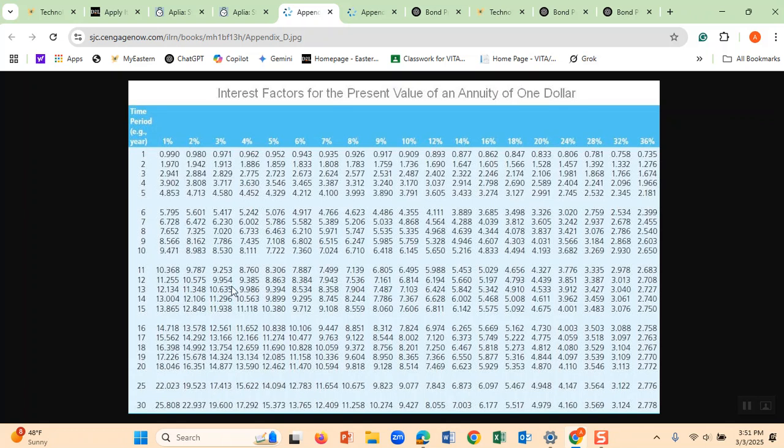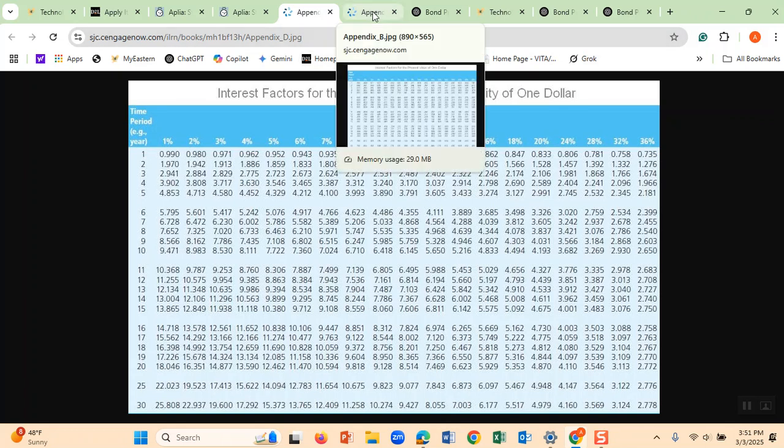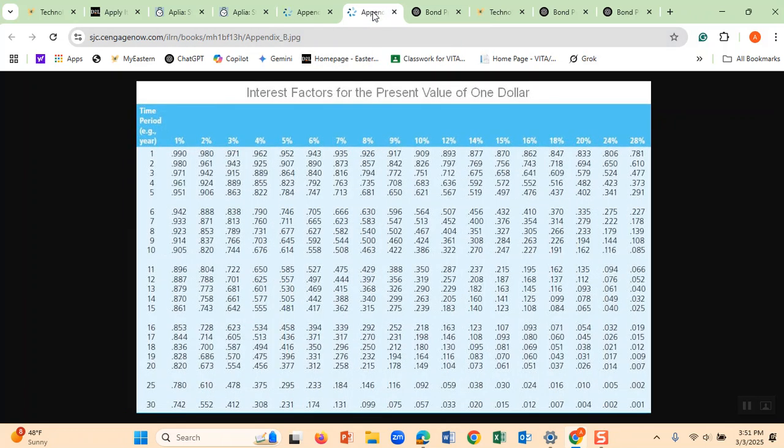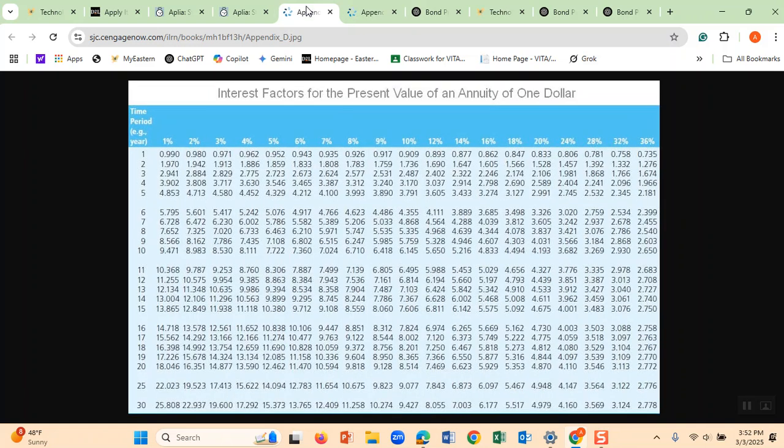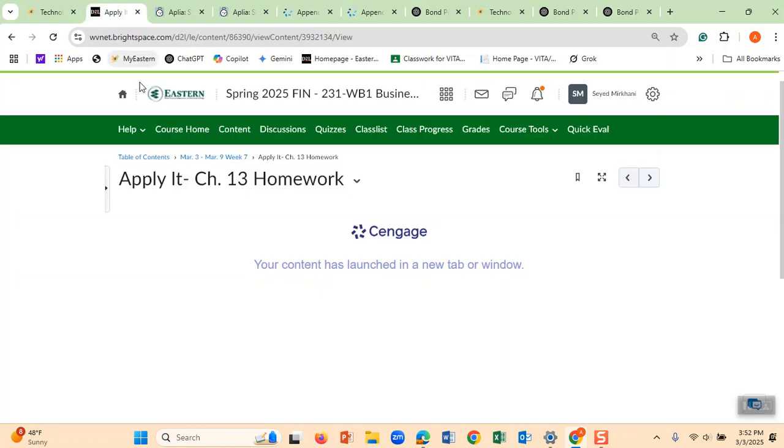Find the interest rate and multiply it by 50 to find the present value of the annuity. That's one number. Then find the present value of the $1,000 that the bond is giving you and add them together. In that case, it comes to $916.